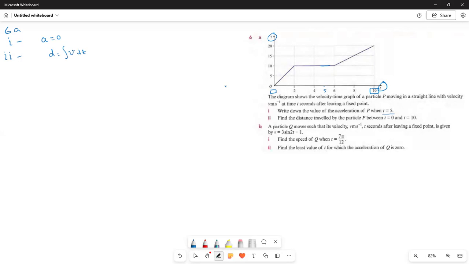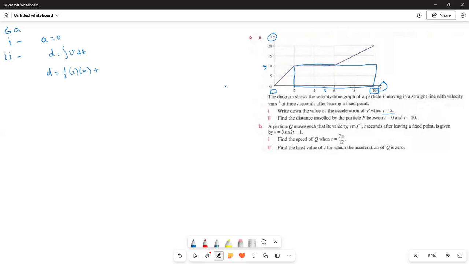So in this particular problem, let me find the area. The first one is a triangle. The area of this triangle is going to be half, the base is 2, and the height is 10. The second area I will consider is a rectangle from here to here.